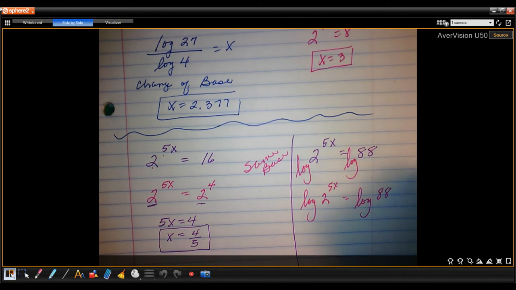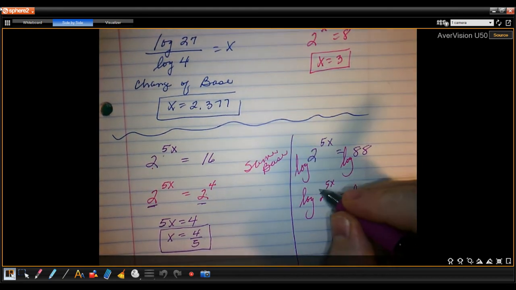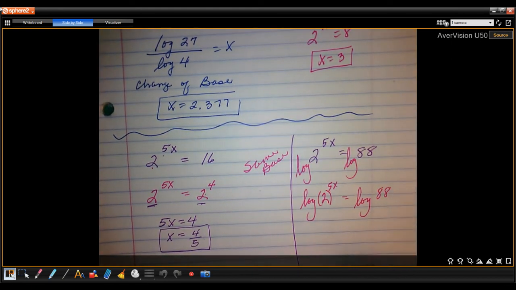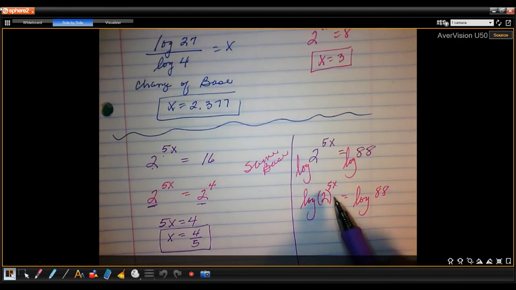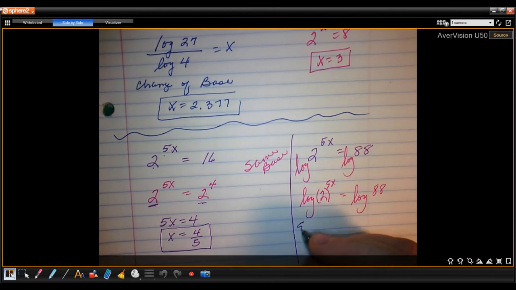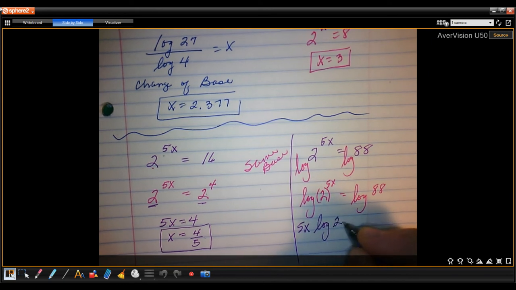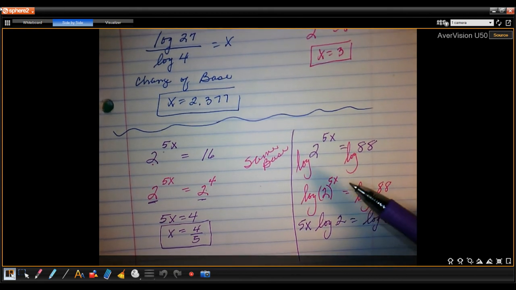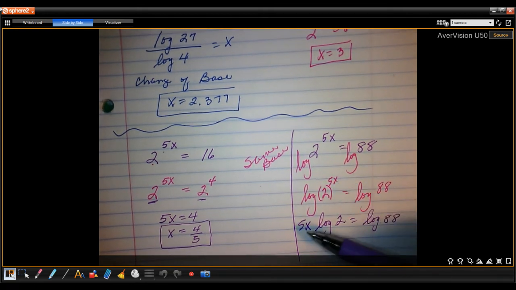Okay. So then what do we have here? Now we're using all those power rules. So let me go back and write this like that. Now we're trying to solve for x. If you remember those rules that we had, this is the power rule. If you move that 5x to the front, that's what the power rule was: 5x times log of 2 equals log of 88. The cool thing is the x is out of the exponent position. Now it's up front, so we want to solve for x.